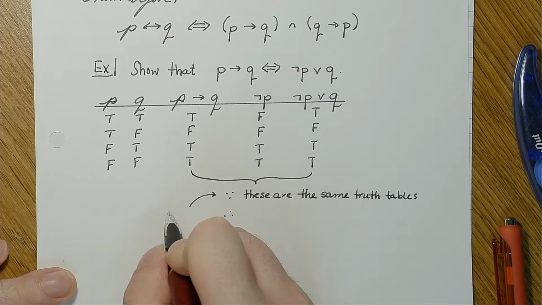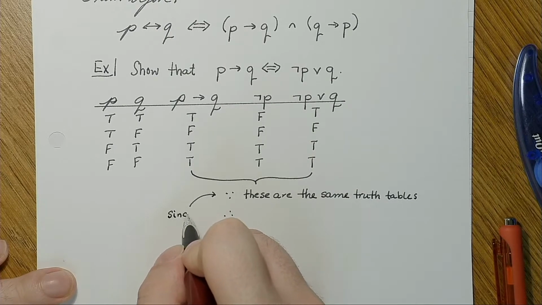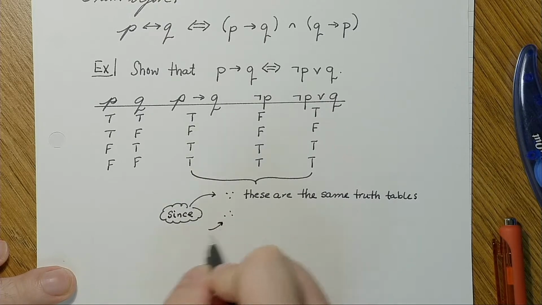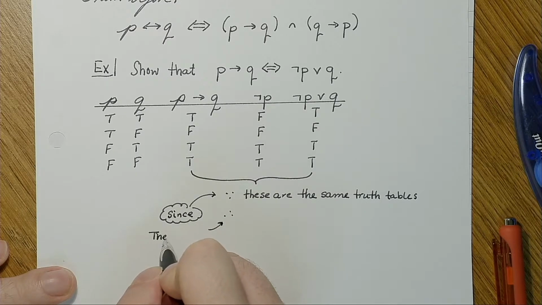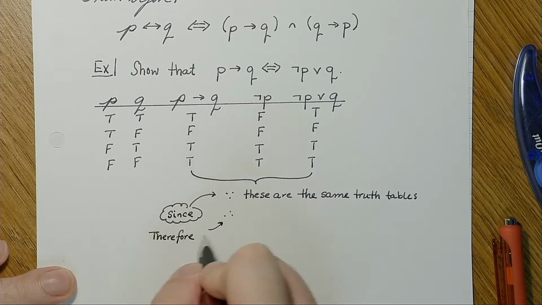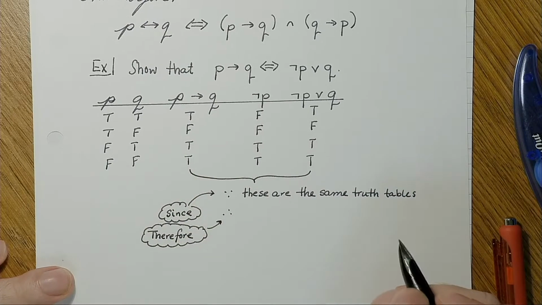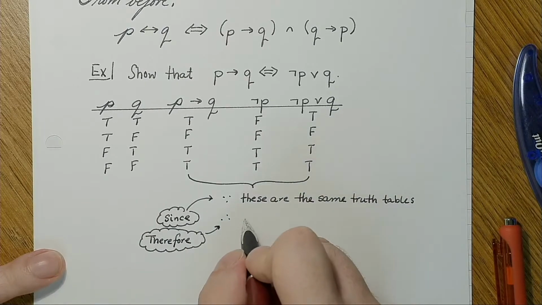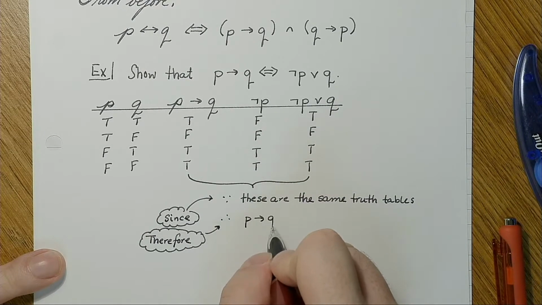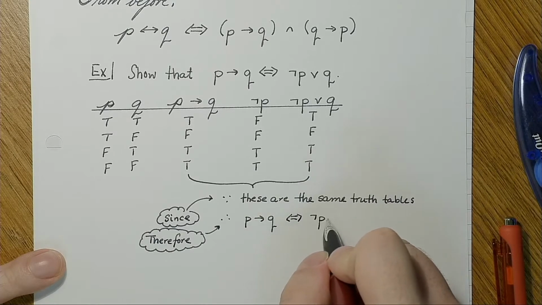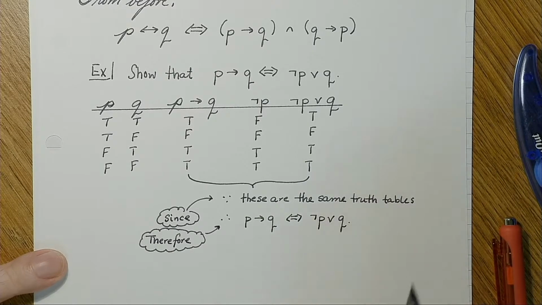The inverted one is called since. And right here is therefore. So therefore, P implies Q is logically equivalent to not P or Q.